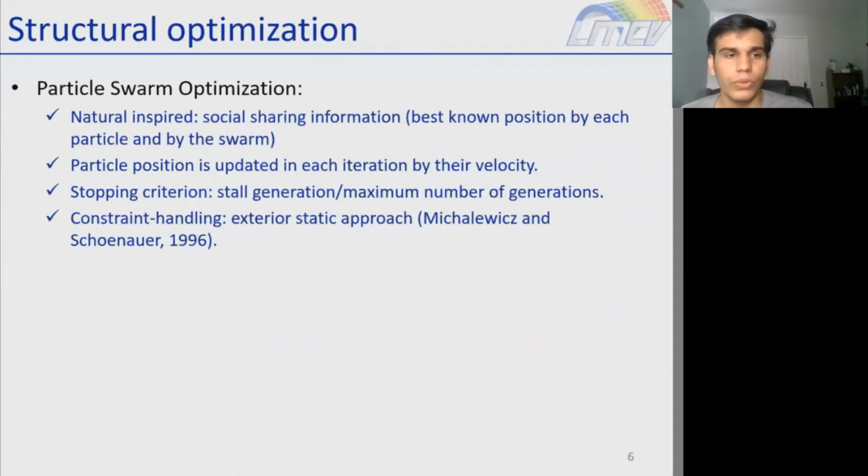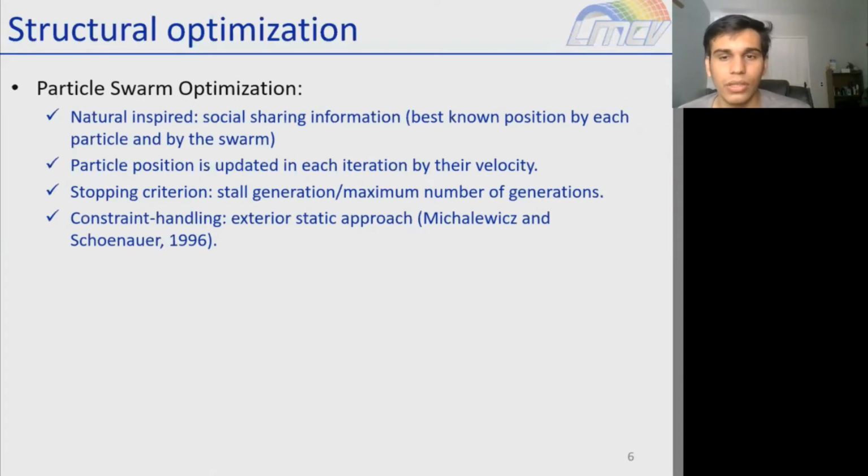In this work, we use particle swarm optimization, which has a set of candidate solutions, the particles, that are initialized in the design space, and each particle has a position. The algorithm tries to mimic natural systems, where each particle remembers the best position it has visited, and also the best position ever visited by the swarm.